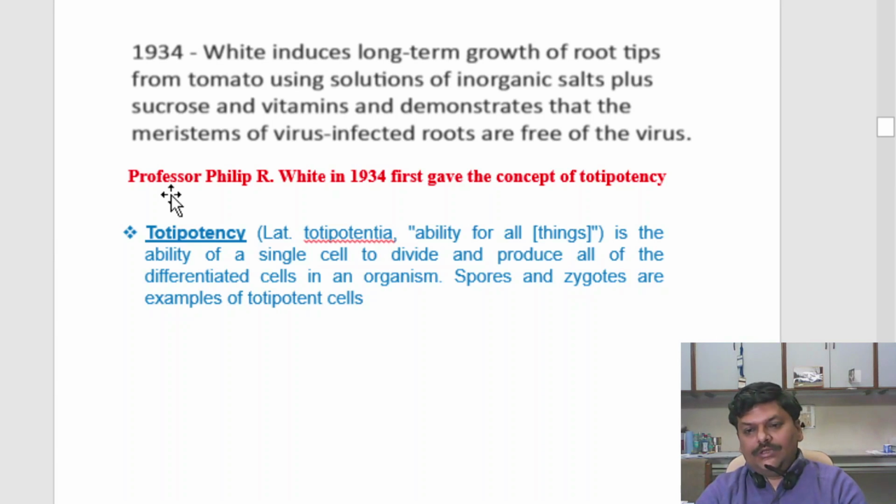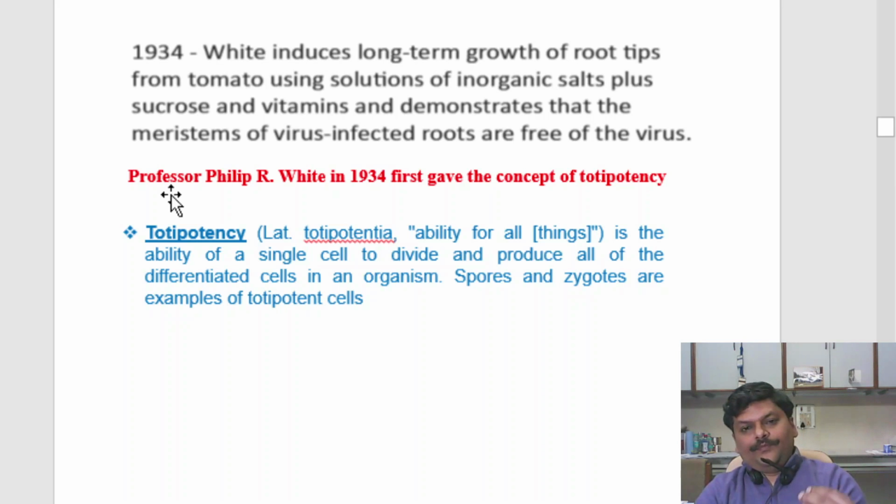Totipotency is a word derived from the Latin word totipotentia, which literally means ability of all things. Plant totipotency can be defined as the ability of a single plant cell to divide and produce all of the differentiated cells in an organism.